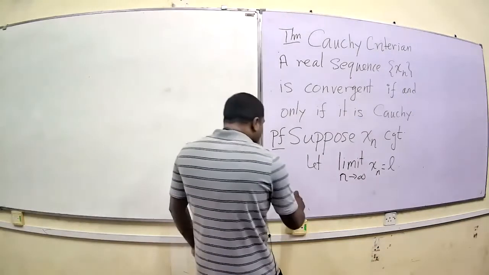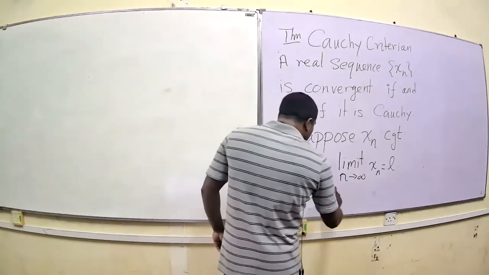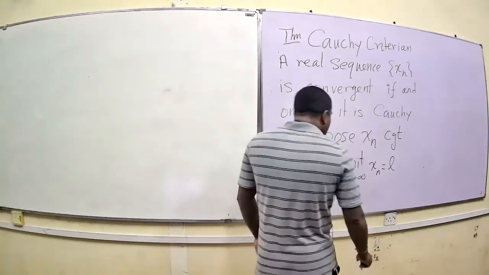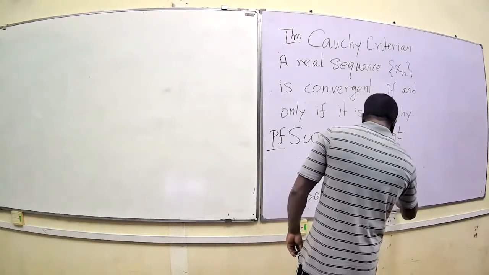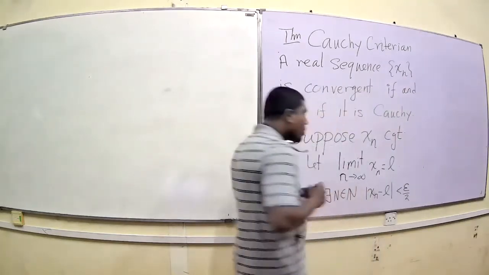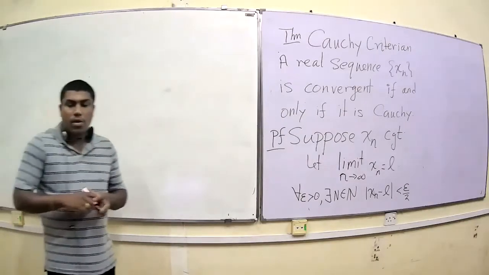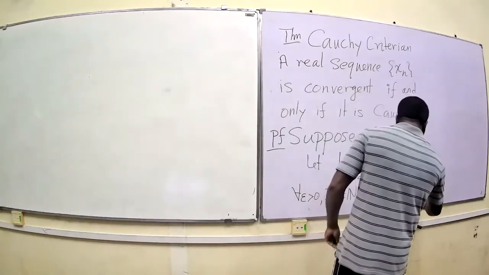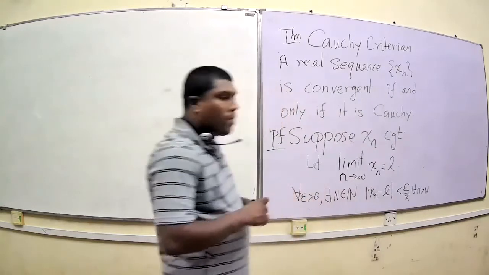Then the definition comes. For every epsilon positive, there exists N belonging to the natural numbers such that |xₙ - L| is less than, let me say, epsilon over 2, for all n greater than N. Just for a purpose, I write it as epsilon over 2, or you can say epsilon as well, it doesn't matter.